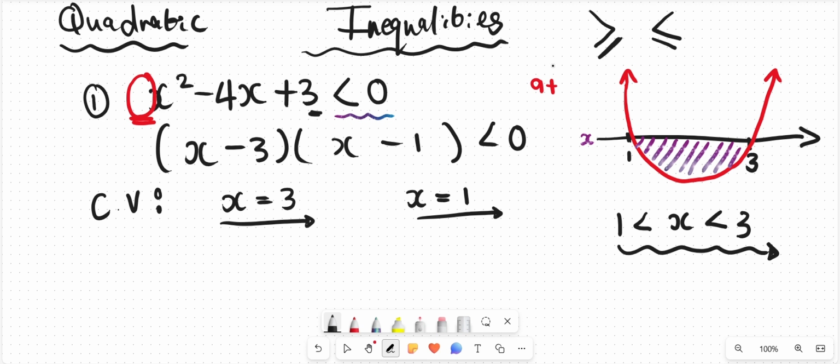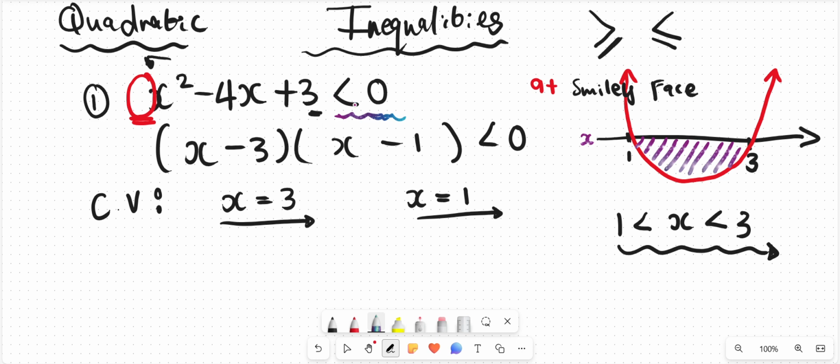Again, let me highlight how we draw our graph. We first look at the a value that x squared has. If it's positive, then it tells me my parabola will be a smiley face. So if a is positive, it's a smiley face, right? It's curving upwards, right? And then what else do we look at? We look at this sign here.